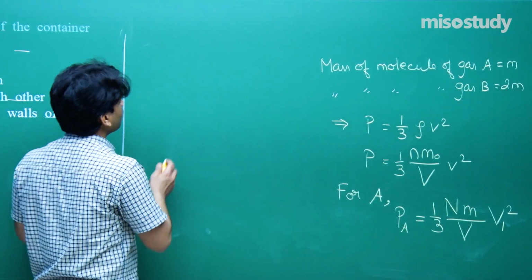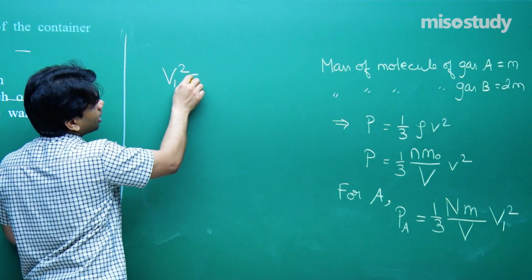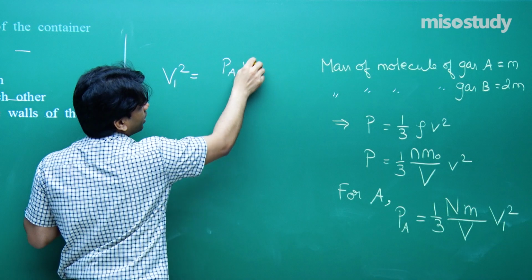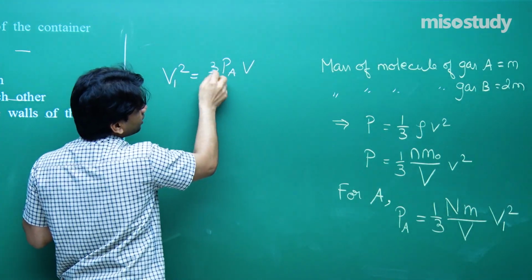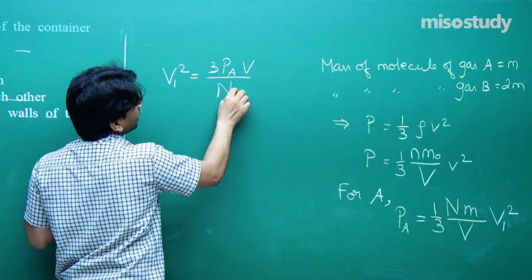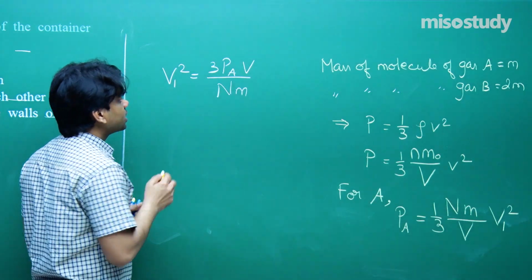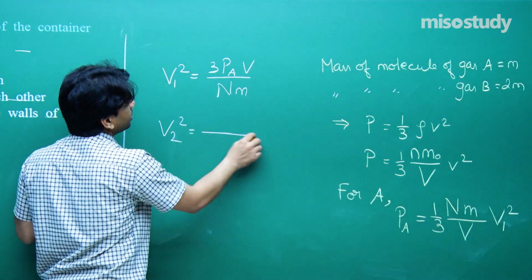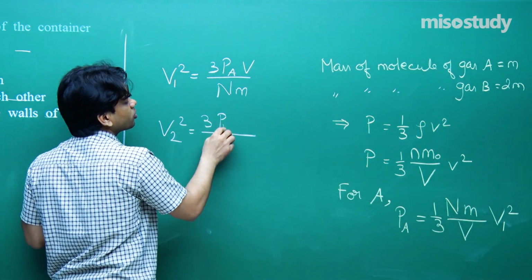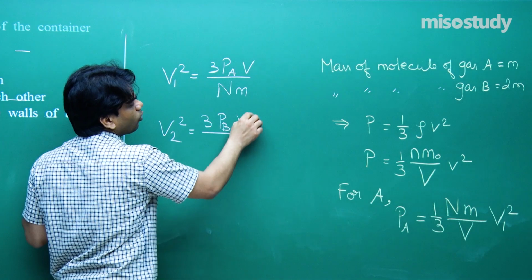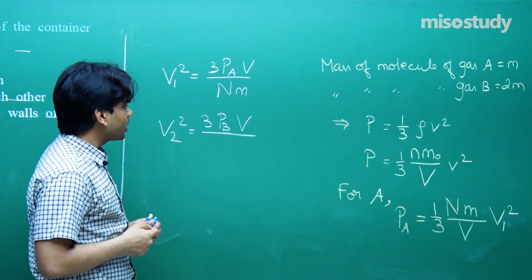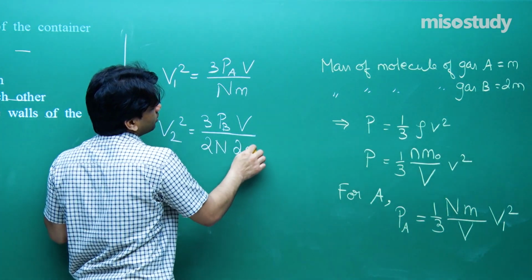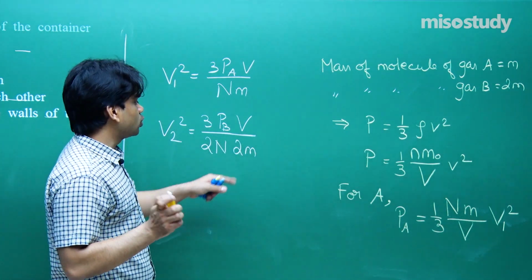So V1 whole square will come out to be pressure of A, that is same pressure P, into V, and 3 also will come here, divided by capital N into m. Now similarly, V2 whole square will be 3 times pressure of B, which will also be the same, into volume V, that will be same, they are kept in the same container. Now total number of molecules is 2N and the mass of each molecule is 2m, so I have to use 2N and 2m.